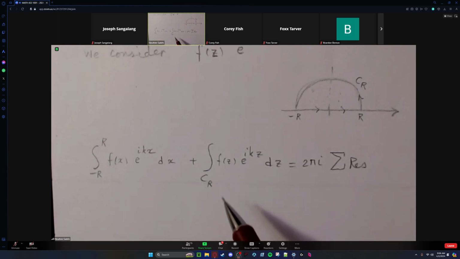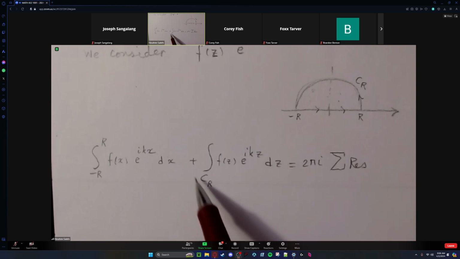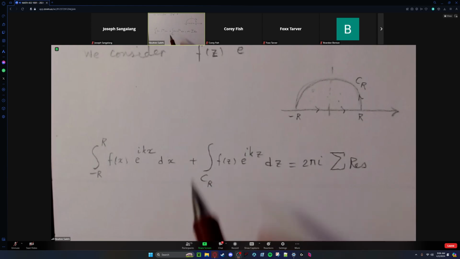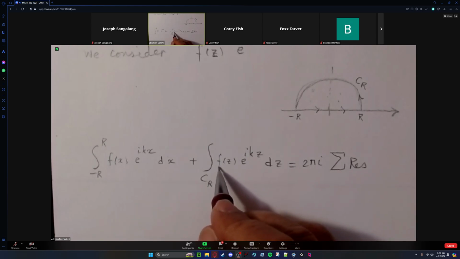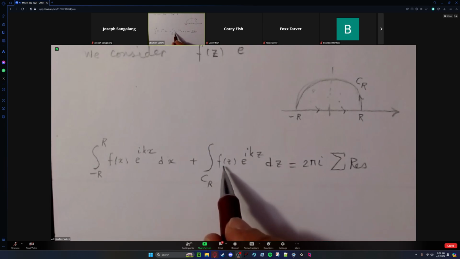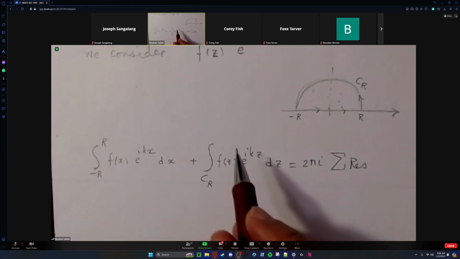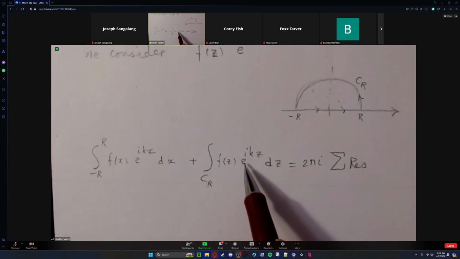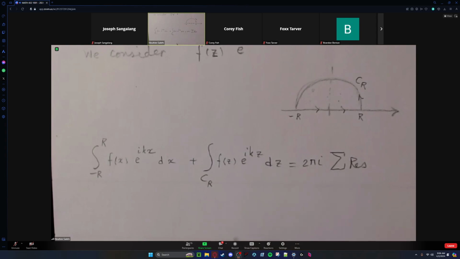And we need to have this as r approaches infinity go to 0. All right. And this happens definitely when f is a fraction, degree of numerator is 2 less than degree of the denominator. All right. But because of this guy, we don't really need the degree to be 2 bigger. 1 bigger will be enough.